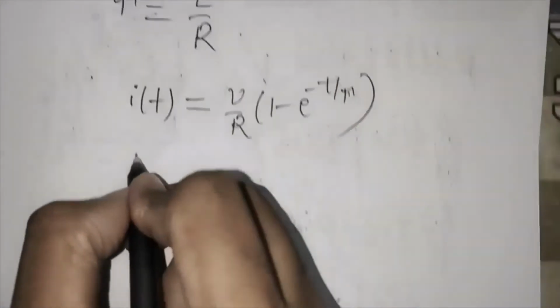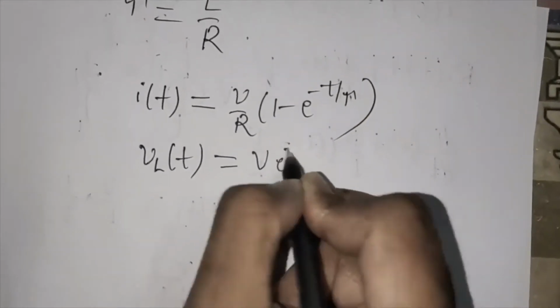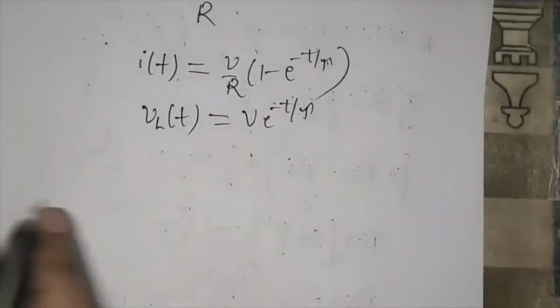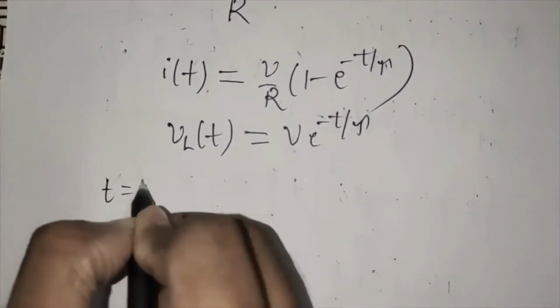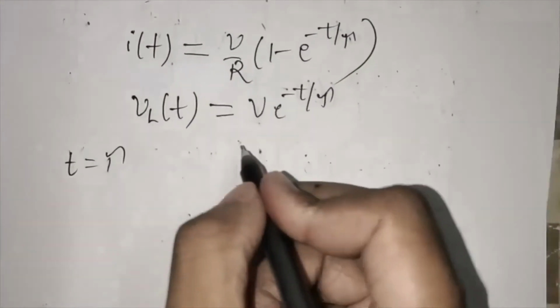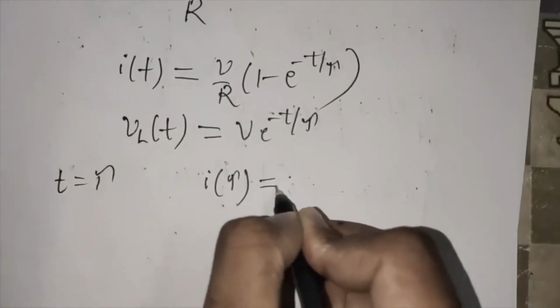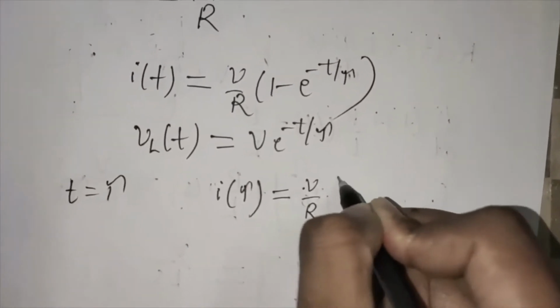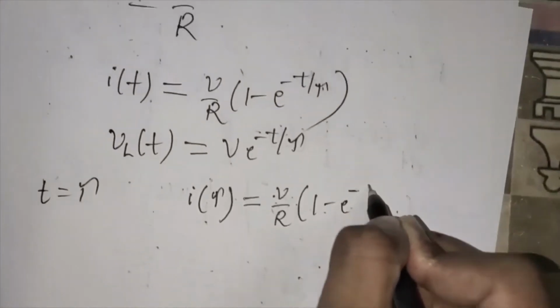The expression for VL(t) we have obtained as V into e power minus t/tau. So let us substitute t equal to tau. Then I(tau) becomes V/R into (1 minus e power minus 1).